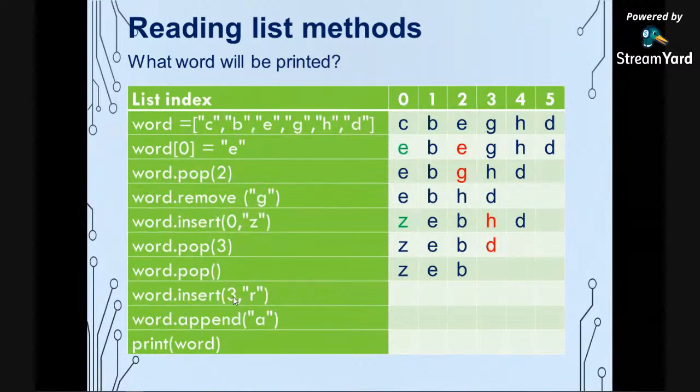Word.insert(3, R), so I'm inserting in index 3 the letter R. So Z, E, B, R. And then word.append. Remember, append means add to the end. And we're adding the letter A, so Z, E, B, R, A. And so when we print out the word, it will be zebra.